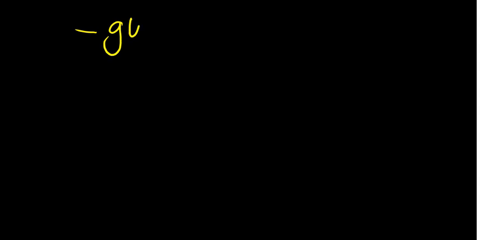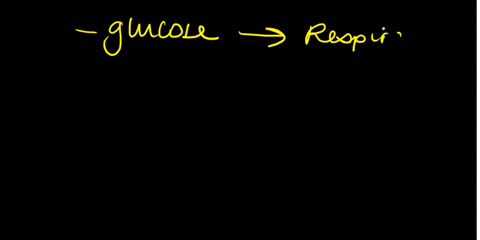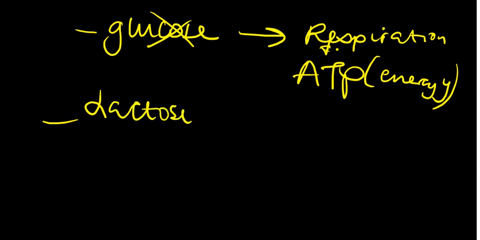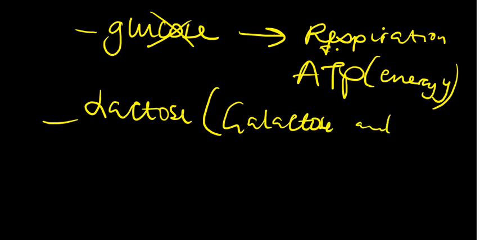When you have glucose in your body, glucose can be used for the process of respiration in order to generate ATP, which is energy. Now what they're saying is that if glucose is not there, lactose can be used instead, because when this lactose is broken down, we have galactose and glucose itself.